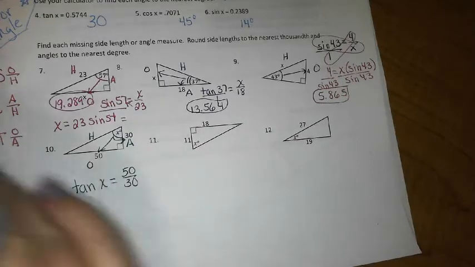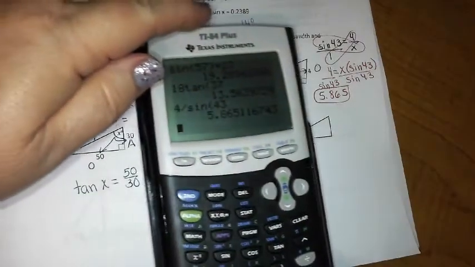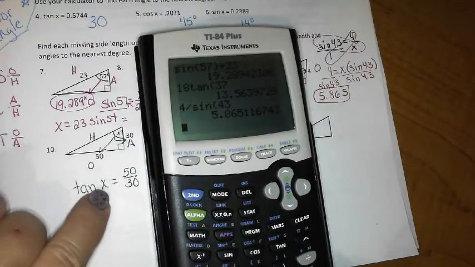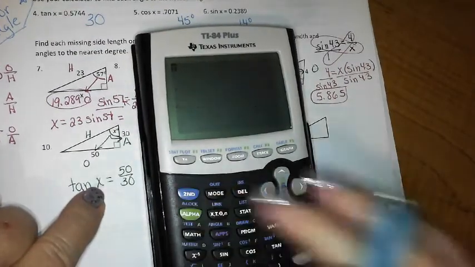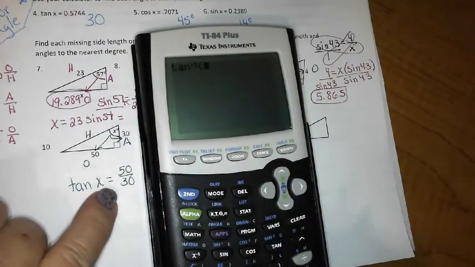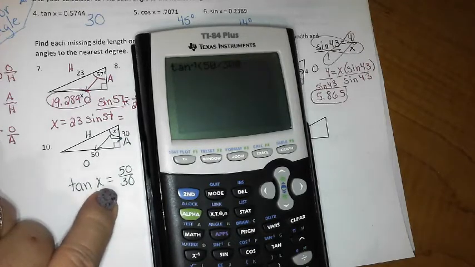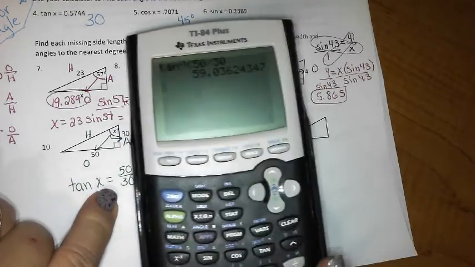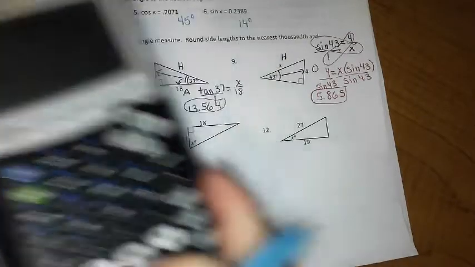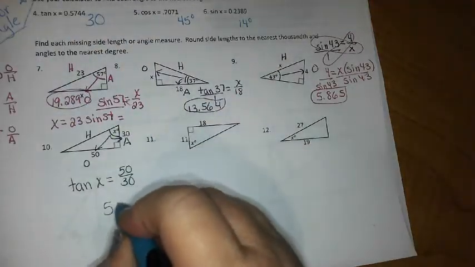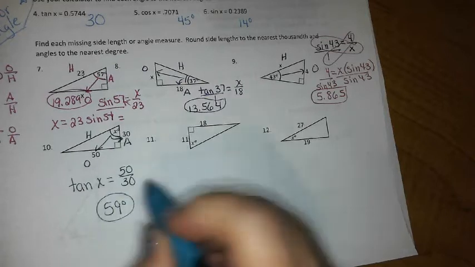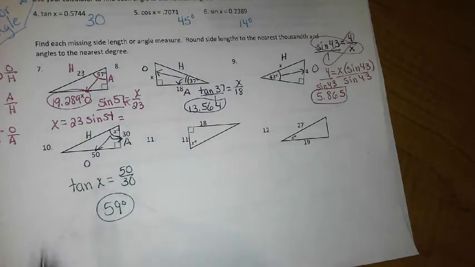And I just plug it into my calculator. Whenever you don't know the angle, that's when you do second tangent. 50 over 30. And it'll do the inverse for you and tell you that's about 59 degrees. The directions told us that we can round all of our angles to the nearest degree and our sides to the nearest thousandth.